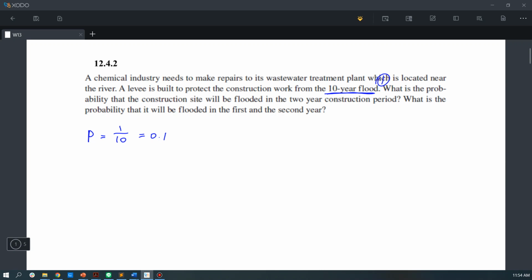In other words, we can interpret this as 1 minus the probability that there's no flood for 2 consecutive years.